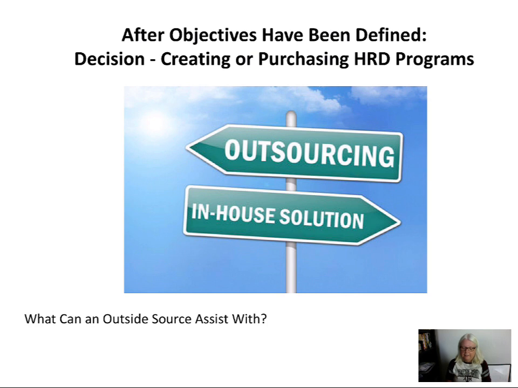So lots of things that we can outsource in this regard. Some typical sources could be consulting firms or educational institutions, non-profit community-based organizations we could reach out to assist with this. Mainly consultants would be the ones we would be using.